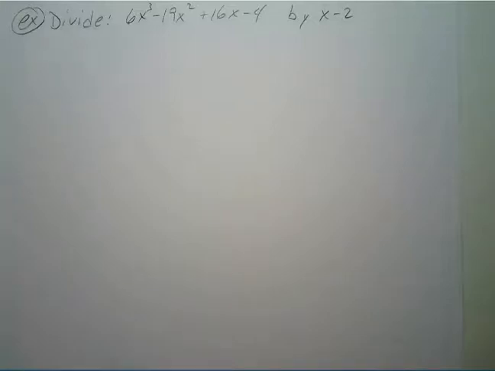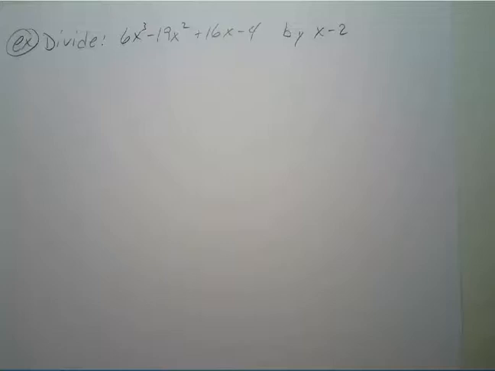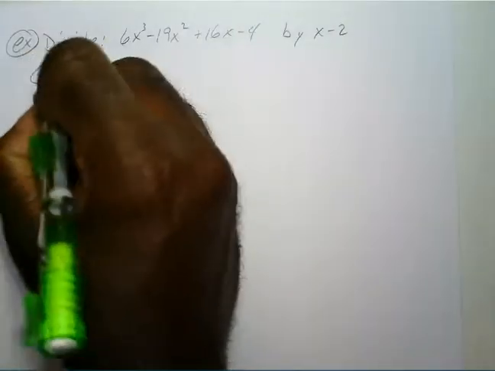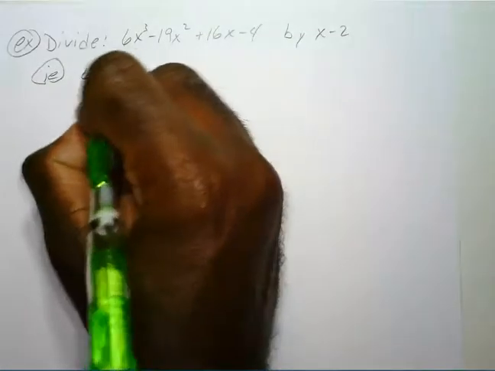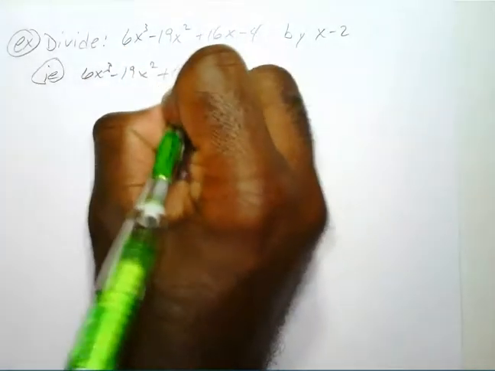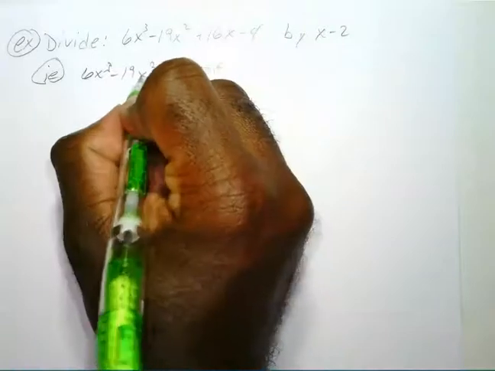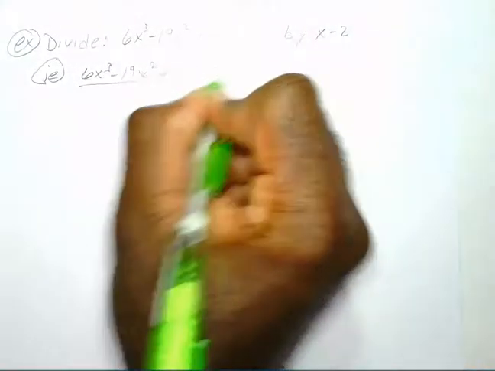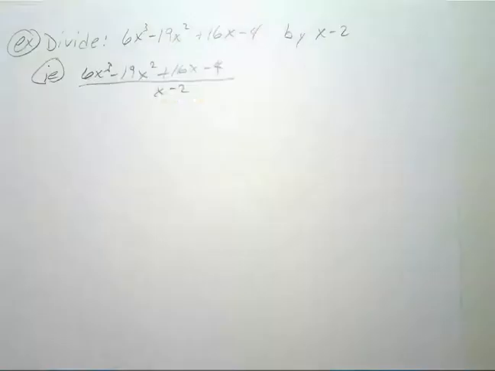Okay, so what if we wanted to divide 6x to the third power minus 19x squared plus 16x minus 4 by x minus 2? Okay, so in other words, it would look like 6x to the third minus 19x squared plus 16x minus 4 divided by x minus 2.